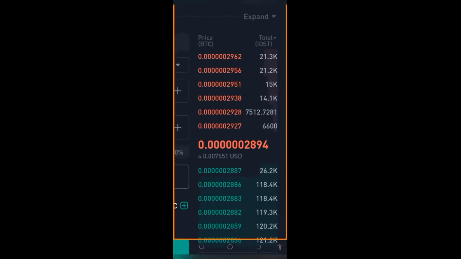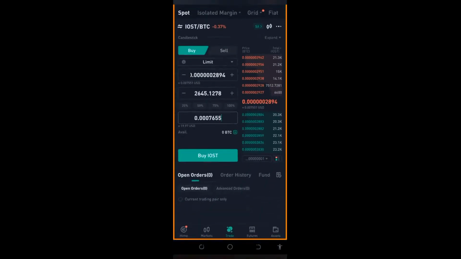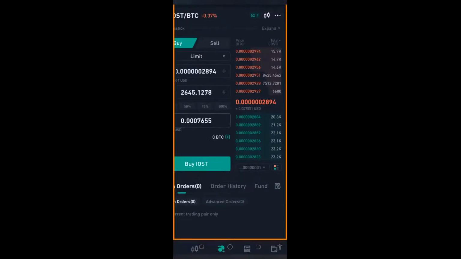Same goes here. We've got 6,600 pieces of IOST that want to be sold. That's how you understand what to do with the order book, because these are just submissions of people just like you on this blockchain that want to buy or that want to sell. Okay, so I hope you understand that. So let's get back to what we're doing.